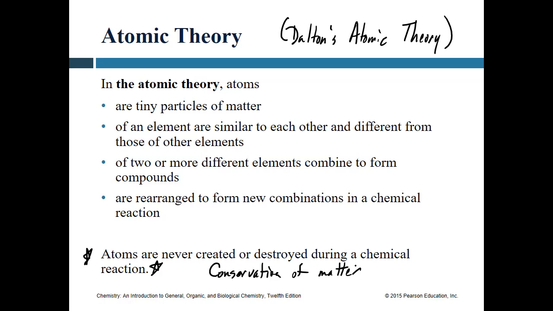Well, this is a retelling of that law of conservation at the atomic level. Atoms cannot be created or destroyed in a chemical reaction. All that happens when we have a chemical reaction is that those atoms rearrange themselves in some kind of way to create new molecules, new compounds. So the atoms themselves don't go away. They get reorganized.